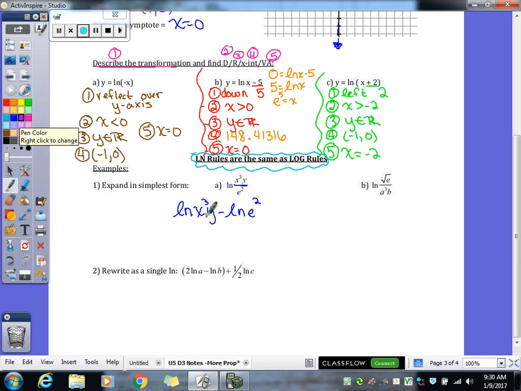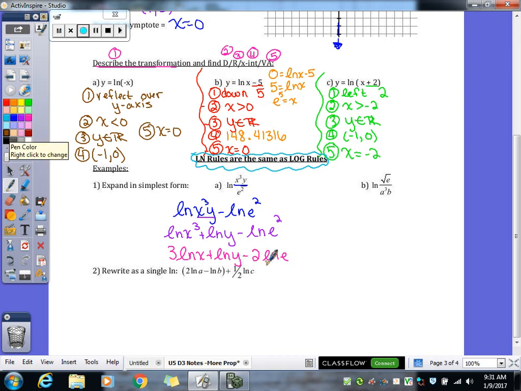Then I'll do my multiplication, which happens here. So we get ln of x cubed plus ln of y minus ln of e squared. And then we'll bring any exponents forward. Now, one of the properties they want you to remember is if you are taking the ln of e, that always turns into a 1.